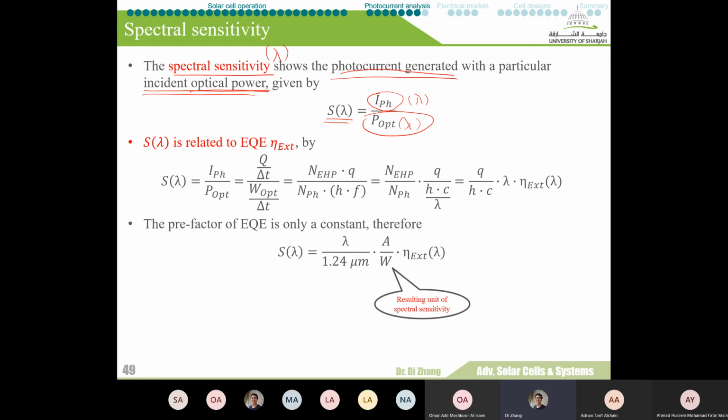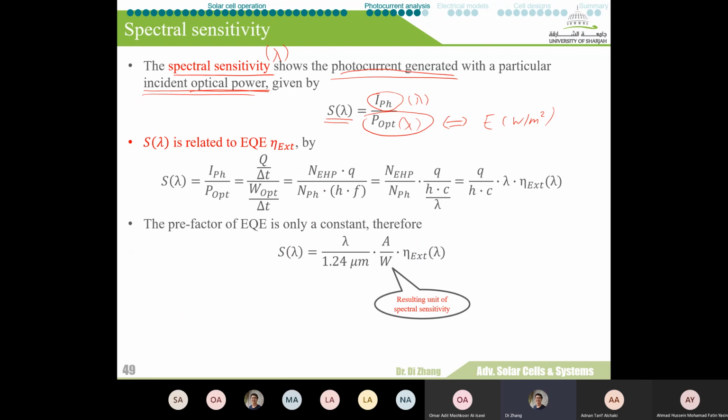This is more similar to the energetic efficiency that we just mentioned, because here you have current and optical power, and it's very easy to convert the optical power into irradiance, because essentially they are very similar. So this is just another way to look at the quantum efficiency, but from the current and the power perspective.